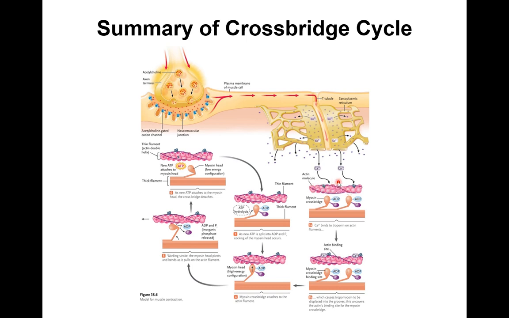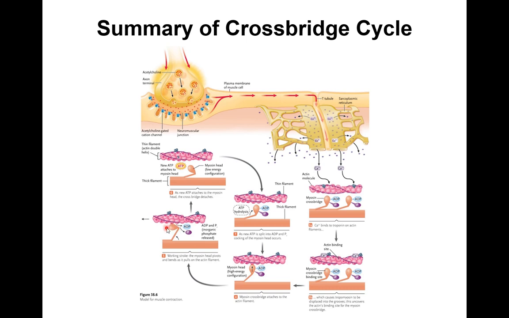And by doing that, it exposes the active site of actin, which then activates the cross-bridge cycle, where you have the myosin, which was bound with ADP, it has a lot of potential energy there, binds to the active site. When it does that, it releases that energy by changing conformation.